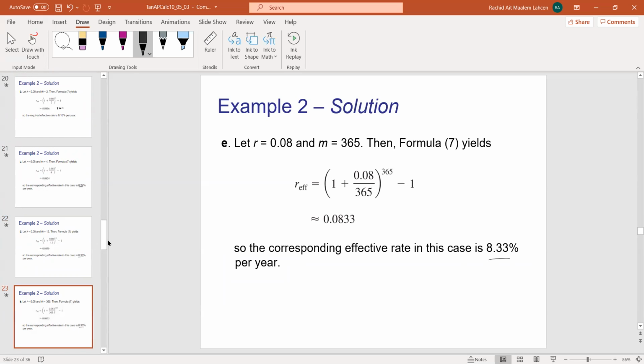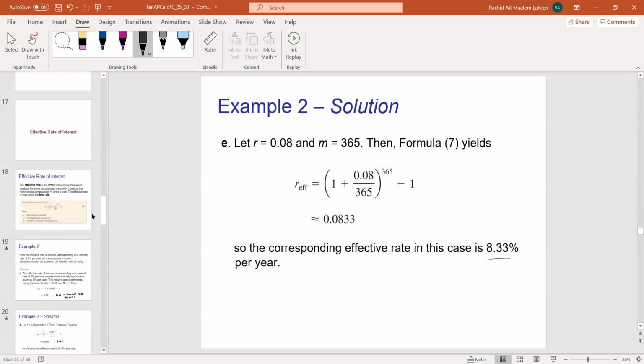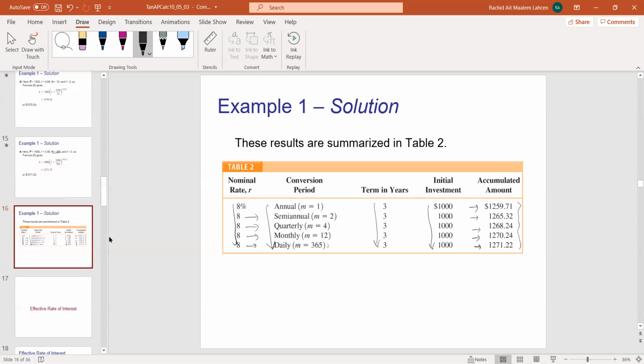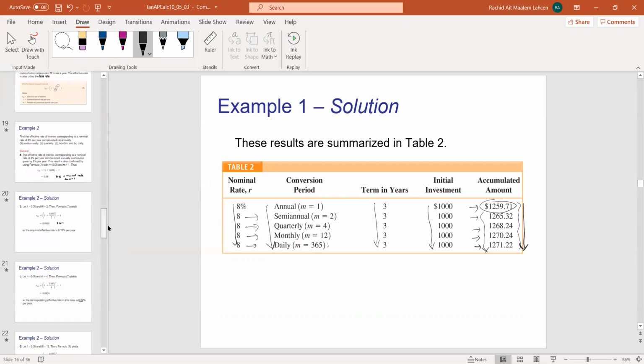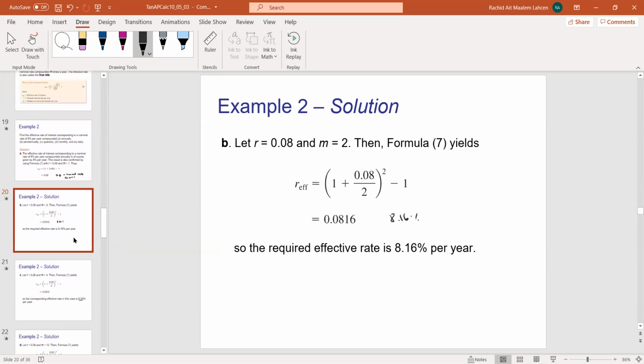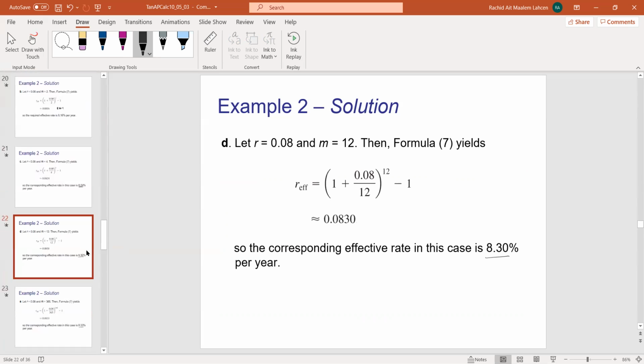This makes sense because, as you remember, in this table, you see these increase. And if you use 8%, you get this. So what number should you use in the formula so you keep getting these numbers if we're not using the other formula of the compound interest? So these are the numbers we need to use, these true rates or effective rates.